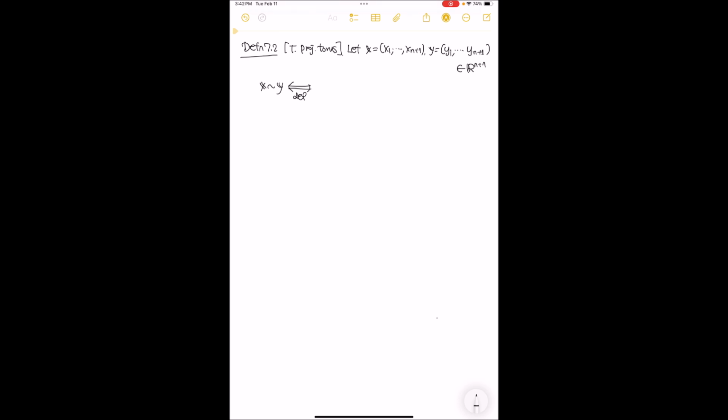In that case, define x1 minus y1 equals x2 minus y2 equals up to xn plus 1 minus yn plus 1. So every coordinate difference is the same value.